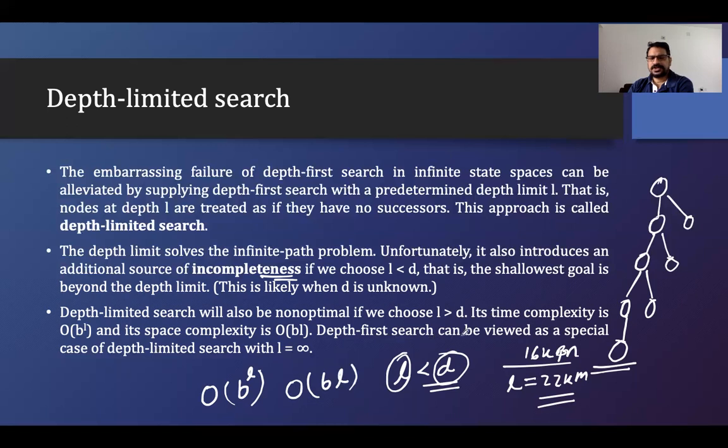Depth first search can be viewed as a special case of depth limit search with L as infinity. If we make L infinite, then it is depth first search, because we are going in one direction until we explore the last leaf node. Limit is not at all defined in depth first search, but here the limit is defined.